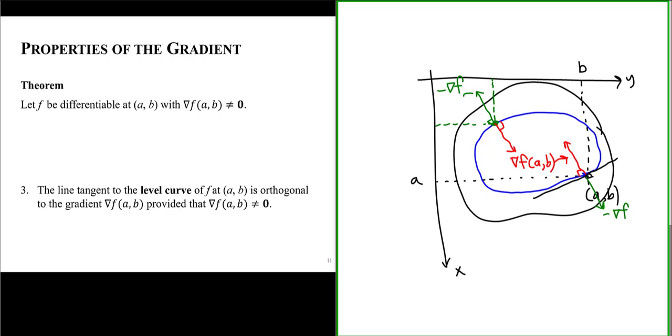In other words, the gradient of a function is always orthogonal to the level curve at a point, where we could measure that orthogonality by looking at the tangent line of the level curve at that point. So if we look at the point we drew on the opposite side of this level curve, a tangent line at that point looks something like this. And the gradient will always be perpendicular to the tangent line of a level curve at a particular point.